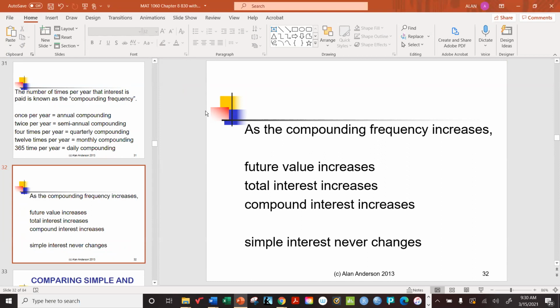So what we're going to be introducing here is a formula that's meant to calculate future values when we have frequencies of compounding greater than a year. Okay, so let me just mention this in here too.